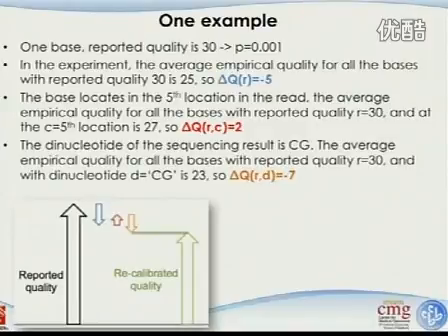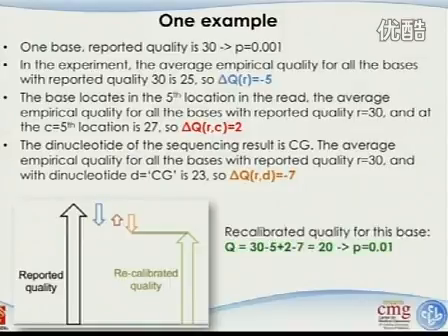And we also know that CG dinucleotide is pretty hard to sequence. When we look at all bases with reported quality 30 and the dinucleotide is CG, the empirical quality is actually 23. So this delta QRD is -7, because the CG dinucleotide is just too hard to sequence.